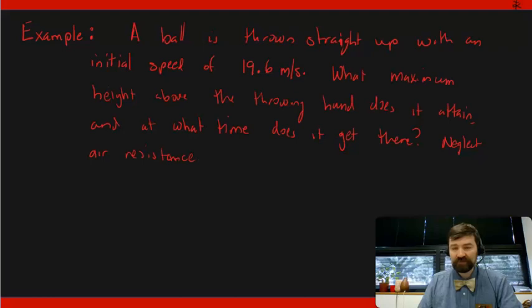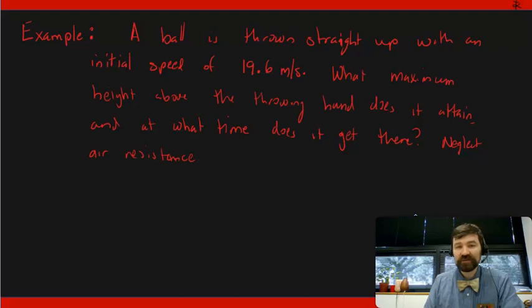All right, here's a typical example for free fall motion, a fairly simple example, in which you have a ball that's being thrown straight up with an initial speed of 19.6 meters per second. We want to know how high it goes above where it's been thrown from and at what time it gets to that point after having been thrown. This is a typical way of these problems being worded, by the way.